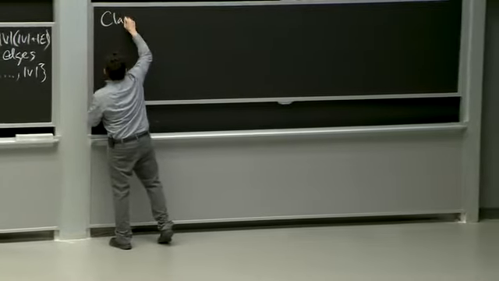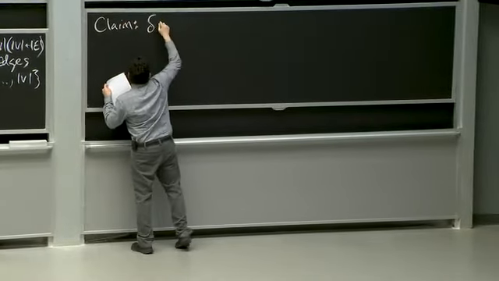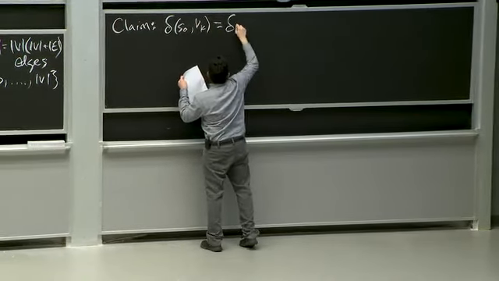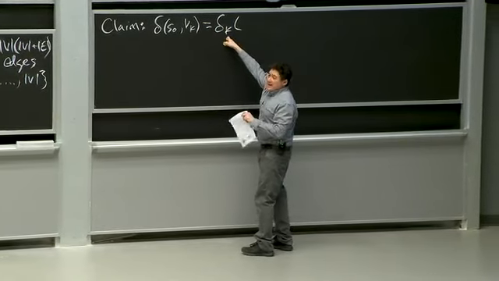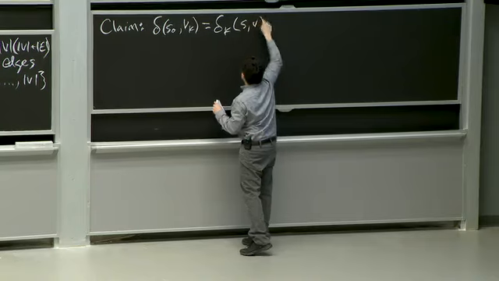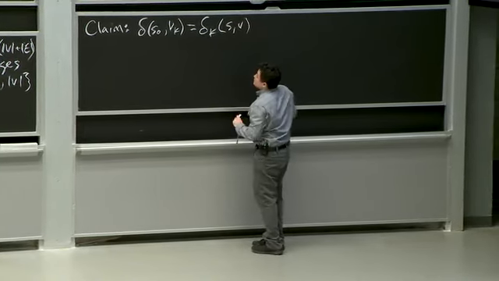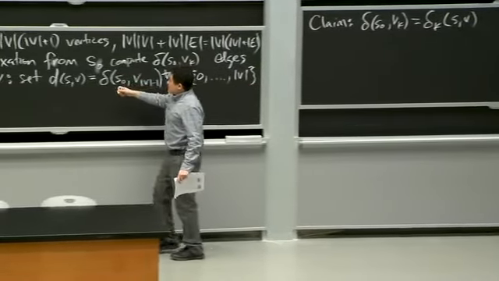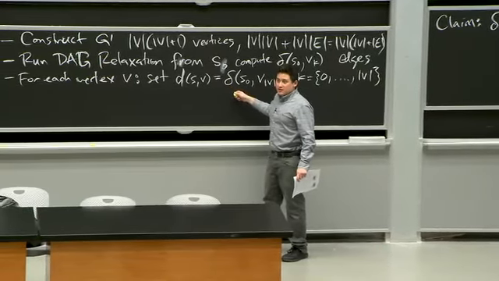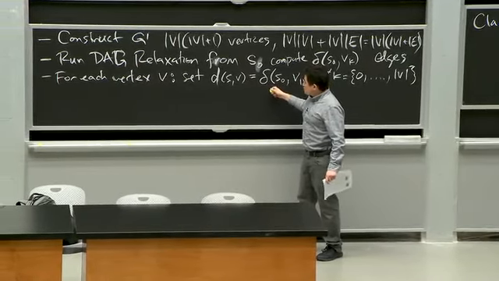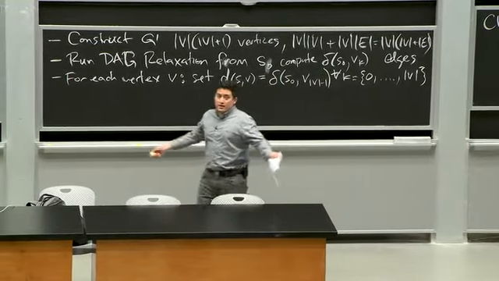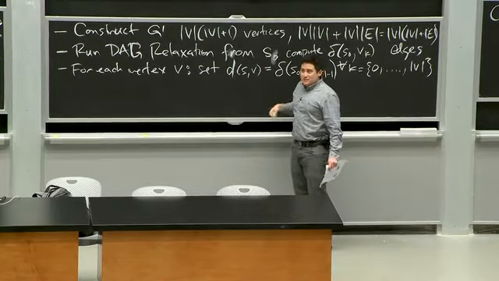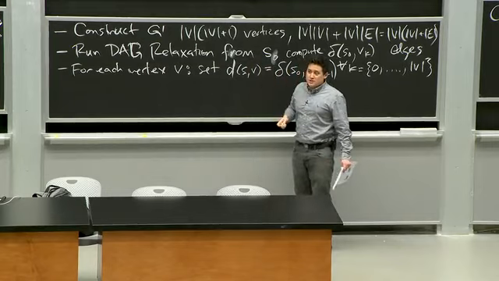Claim: delta S0 Vk equals delta k, the k edge distance from S to V. That's what we want to claim. That would then mean that I'm correctly setting the shortest path distance here for all vertices whose distance is finite. I set values to things where they're not finite, where they're minus infinity, also. But in particular, I set the ones correctly if they're finite.